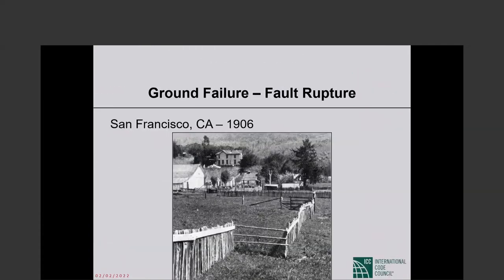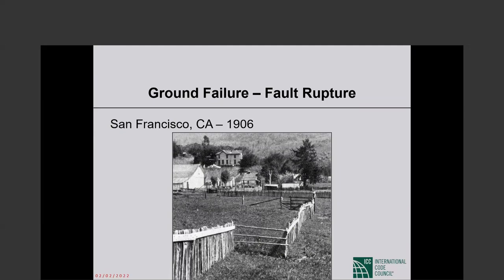This is an old picture, 1906 San Francisco earthquake. You see the fault rupture here that has displaced the fence. And in Turkey, after the 99 earthquake, this was away from Istanbul in a rural area. Anyway, I have with my own eyes seen fault rupture go through somebody's bedroom.